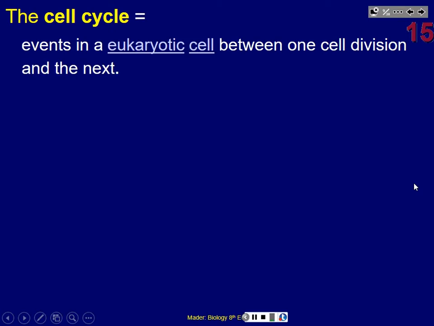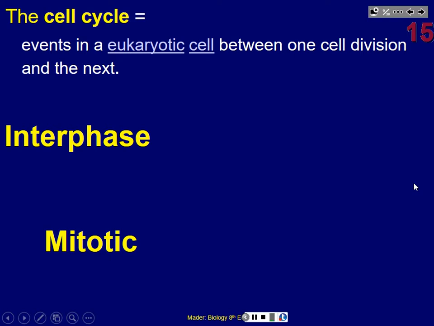So tonight we're talking about the cell cycle. All of the events that occur from when the cell is small and just came out of division until when it divides again is divided into two separate events. We have interphase and the mitotic stage.